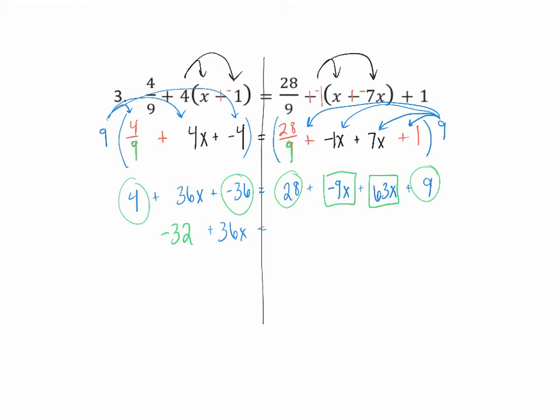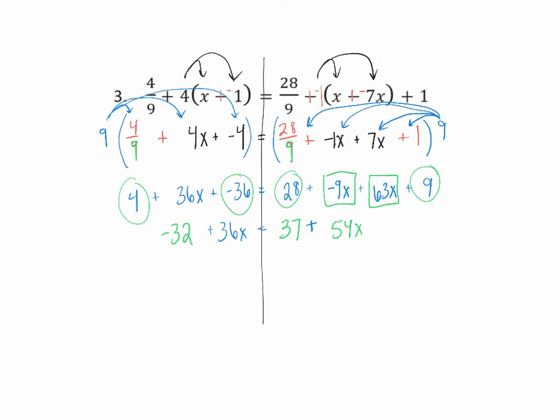On the other side, 28 and 9 is going to be 37. And negative 9x and 63x is going to be 54x. And keep our plus sign.